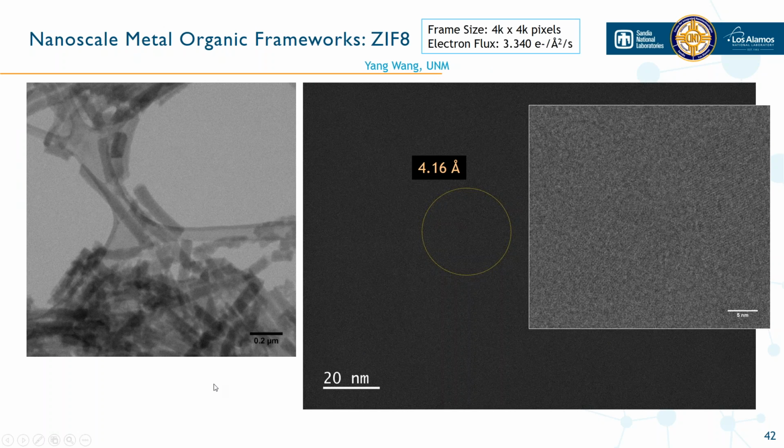This is some users from University of New Mexico who have made these structures that are very hard to characterize in the TEM because they are metal organic frameworks, and so they're extremely beam sensitive. I was imaging these with a cryo holder, the Gatan double tilt cryo holder, and since they are nanoscale structures, you can't just align on one area and then move nearby, because usually, where you've done your focusing, you then have to damage that area and then move to a new area.